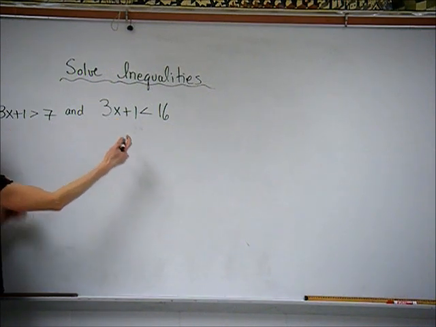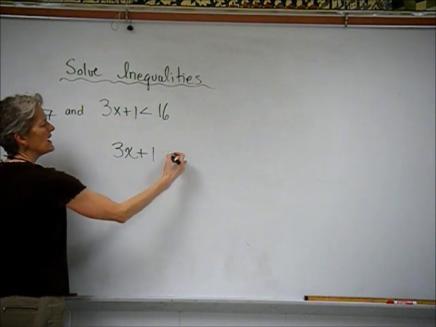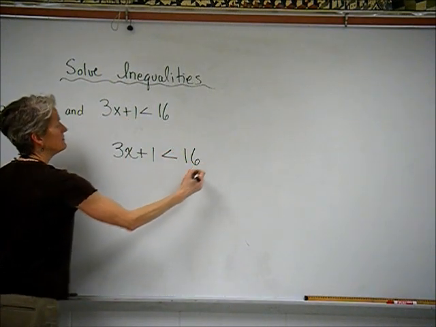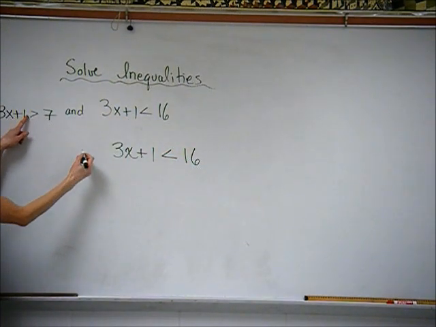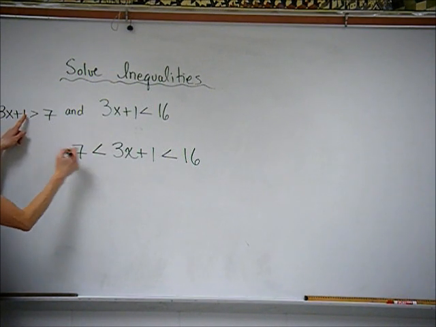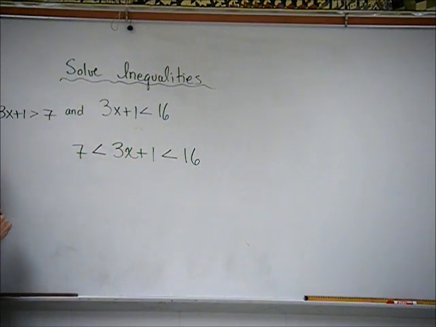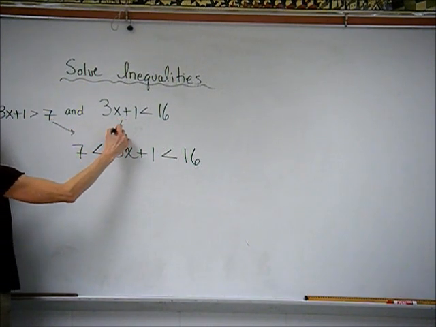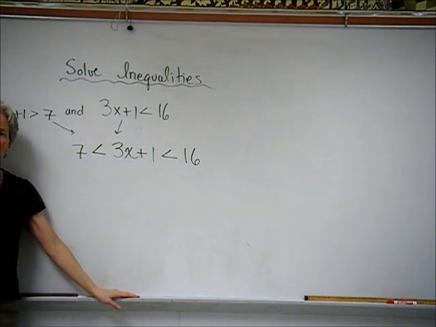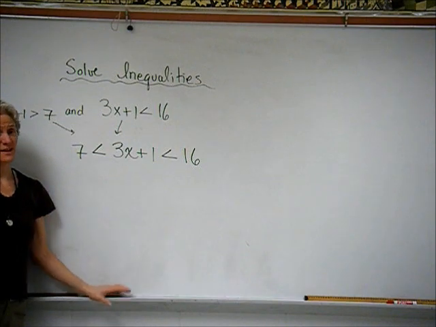Well, I'm talking about 3x plus 1, so can I just combine those into one and say, 7 is less than 3x plus 1, which is less than 16? Remember, the big mouth stays with the bigger thing, the little pointy end stays with the smaller. So I just combined two inequalities into one. So it's an inequality with kind of three sides, if you will.